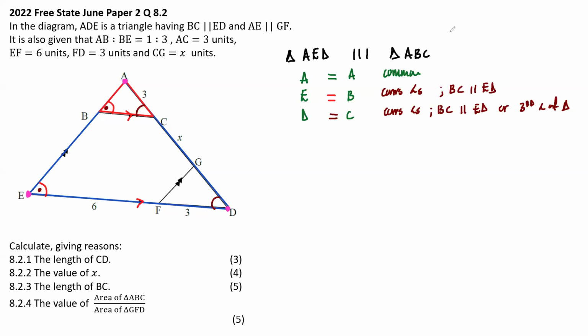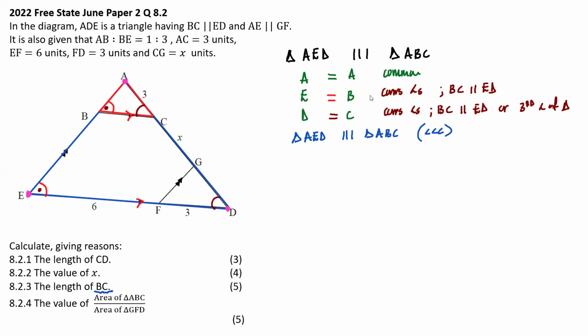Then what? You're trying to show similarity, but we're looking for BC. That's what 8.23 means. Yeah, I am looking for BC. So it means triangle AED is similar to triangle ABC because they are equiangular.